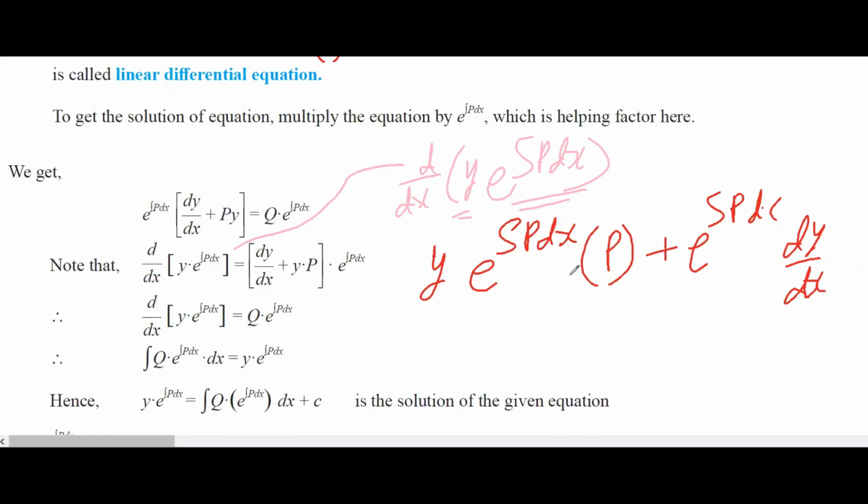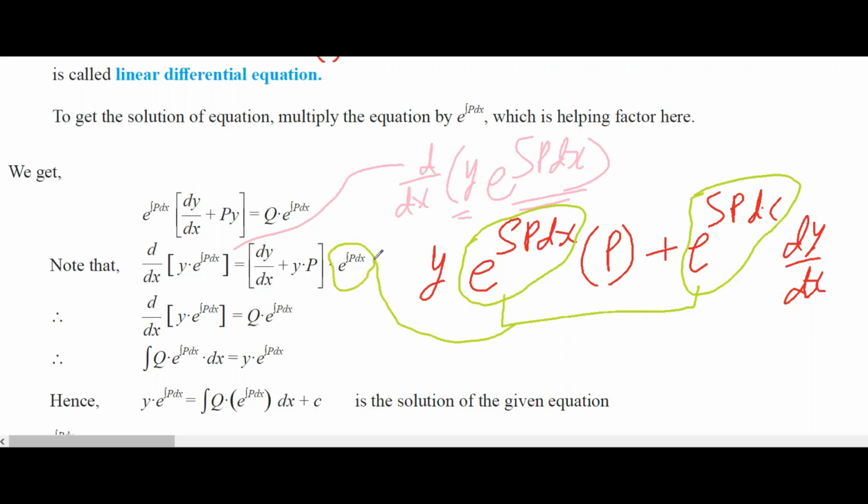Understood? Now you can see one thing, that e to the power of integration of p dx and this e to the power of integration of p dx I can take common. So that's what they have taken common here.